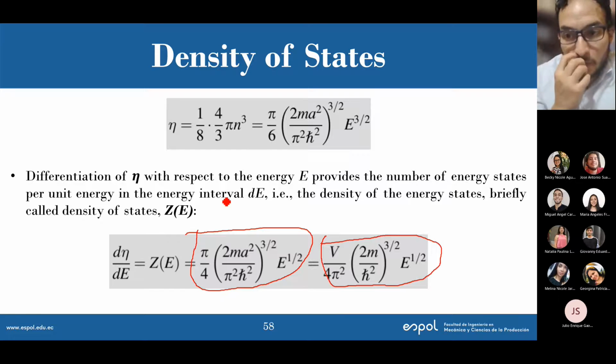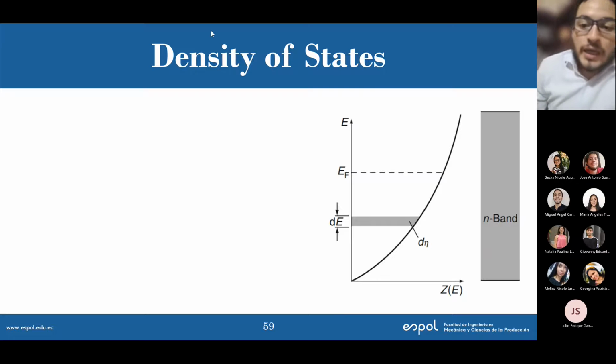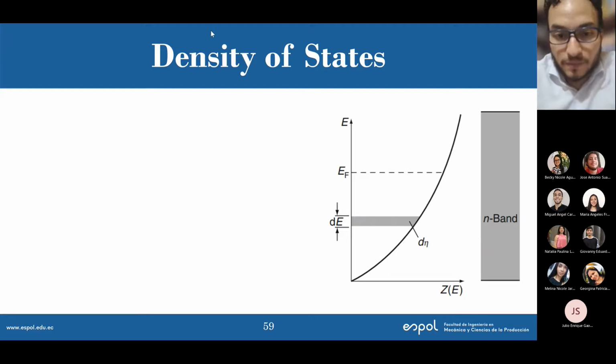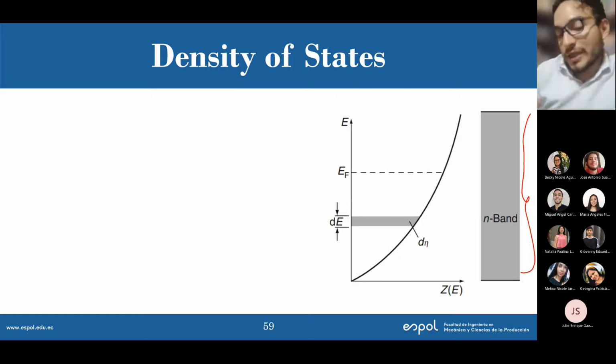So now let's actually see this graphically so you might understand this better, guys. You see there the energy plotted versus the density of states. You see this is a band. The M band, as I said, we're assuming this is the valence band. So in this valence band, how are my energy levels distributed?